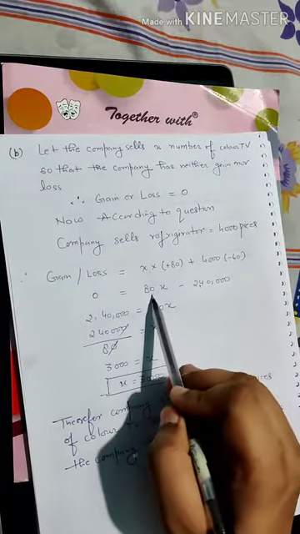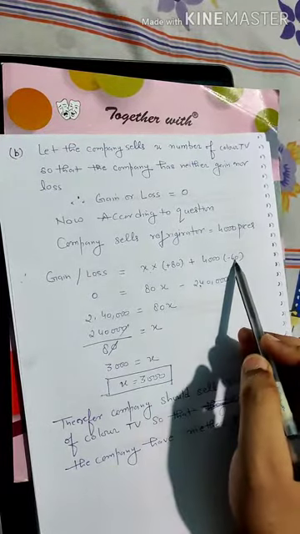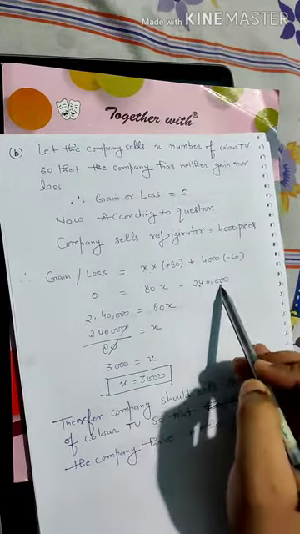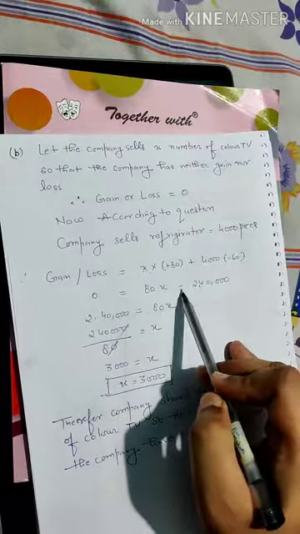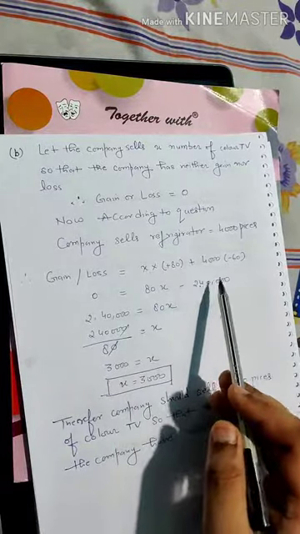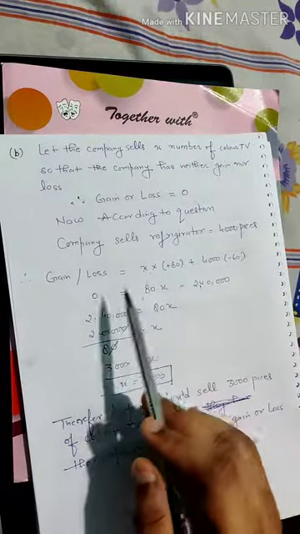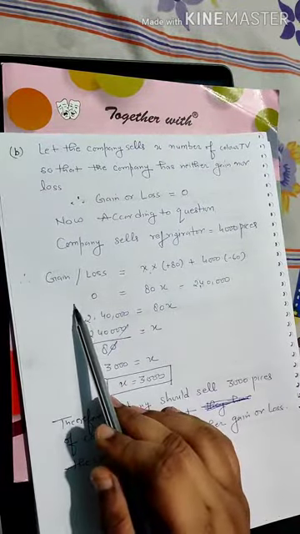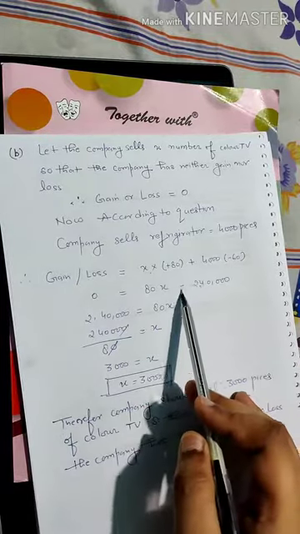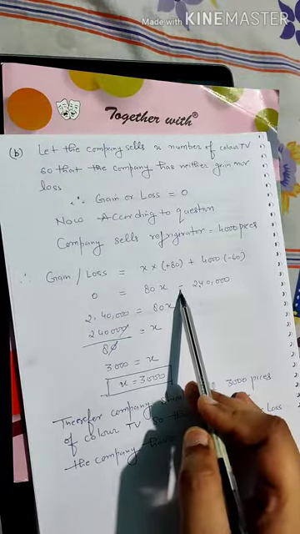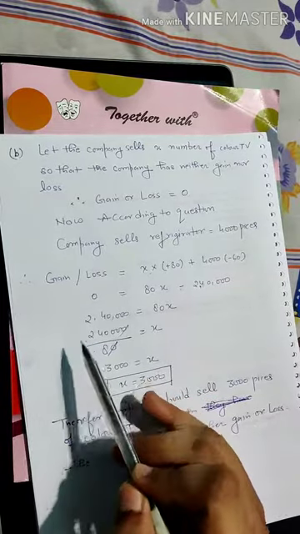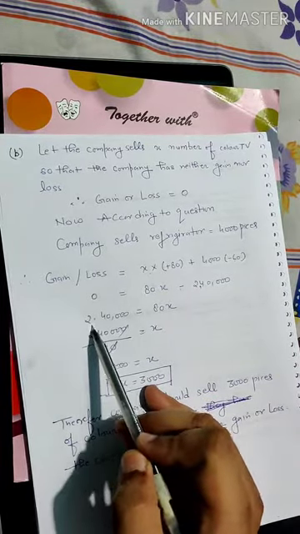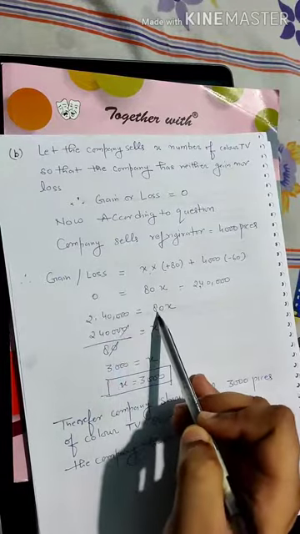80 into x is 80x, and 4,000 into 60 is 2,40,000 rupees, with a minus sign, because minus times plus is minus. When this value comes to this side of the equal sign, its sign changes from minus to plus. Here positive 2,40,000 rupees and this is 80x.